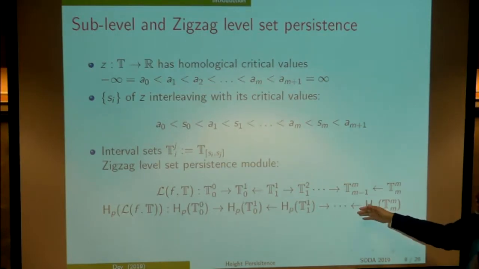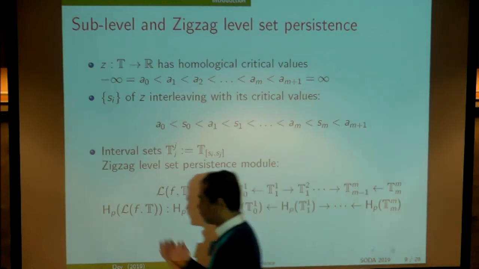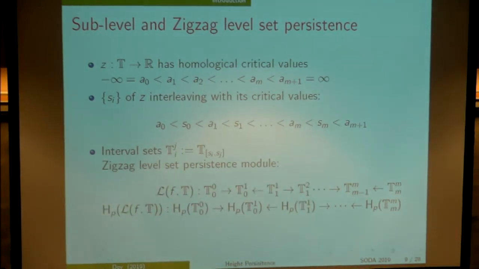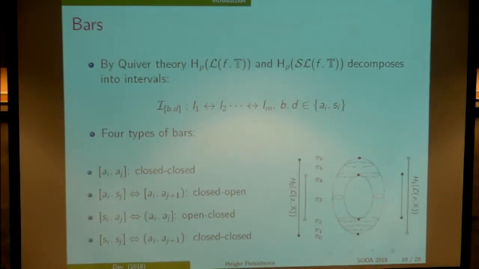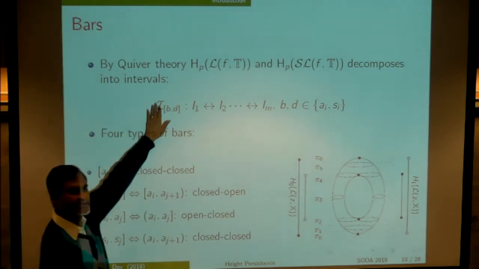This is the zigzag level set persistence module. And by quiver theory, we know again this gives us the bars. This zigzag persistence module decomposes into interval modules, which are the simple modules where at every point we have one-dimensional vector spaces connected by identities. These are exactly the bars.